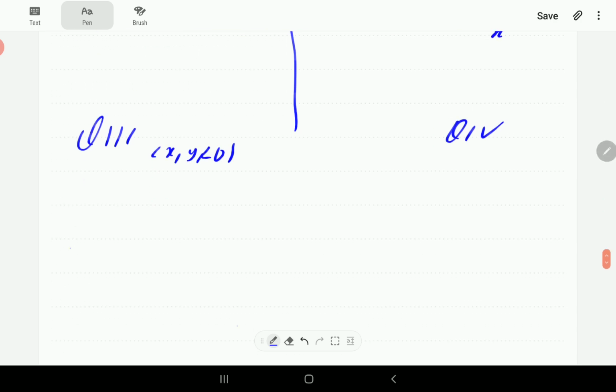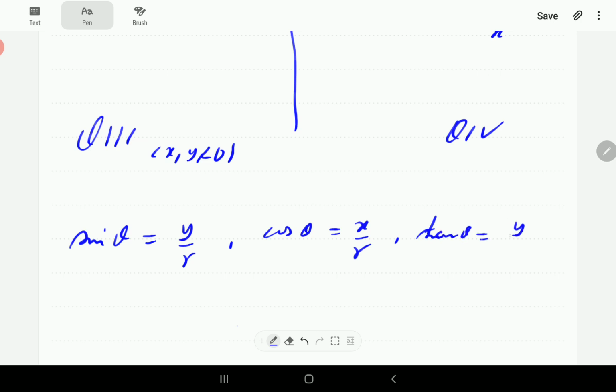Now remember, sine theta is y over r, cosine theta is x over r, tangent theta is y over x, and we said r is always positive. So whether this is positive or negative is going to be determined by the sign of both x and y.